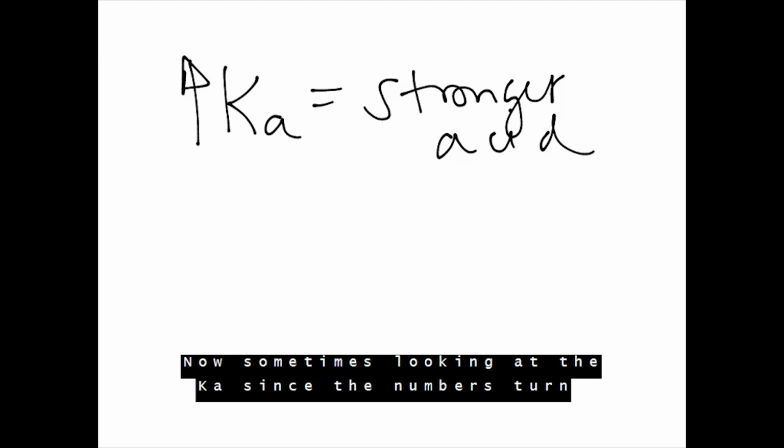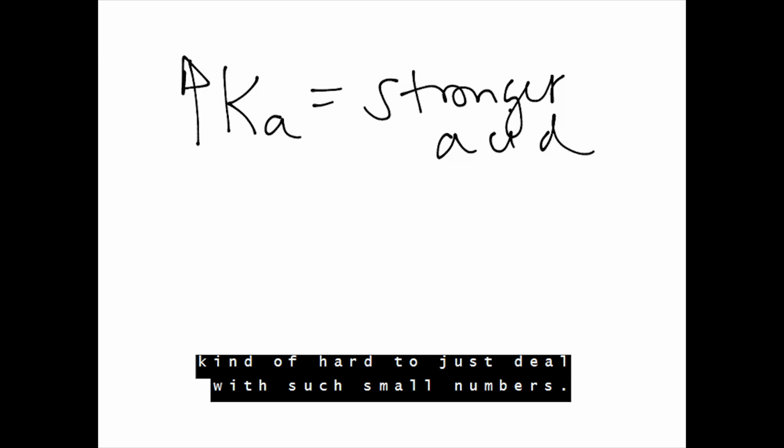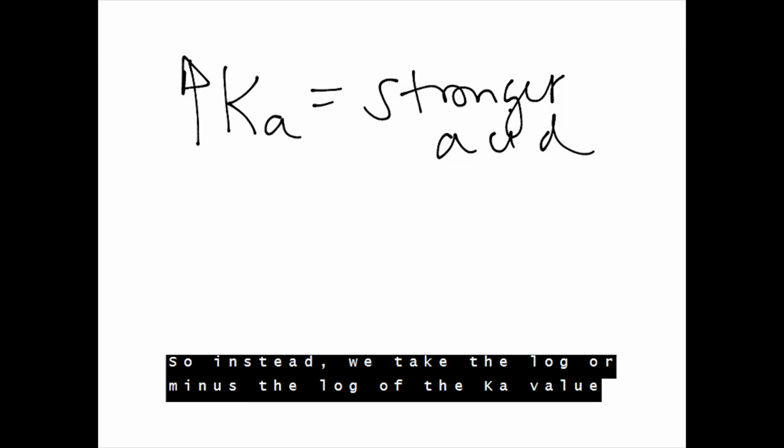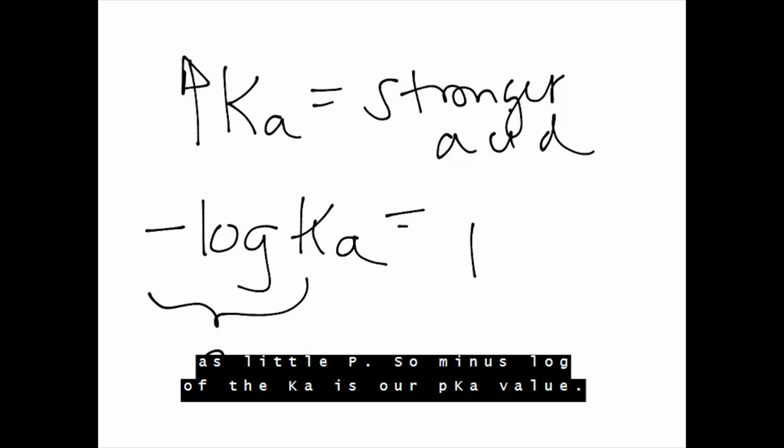Now sometimes looking at the Ka, since the numbers turn out to be quite small, and most acids are relatively weak, it's kind of hard to just deal with such small numbers. So instead, we take the log, or minus the log, of the Ka value, and whenever you have minus log, that's the same thing as little p. So minus log of the Ka is our pKa value.